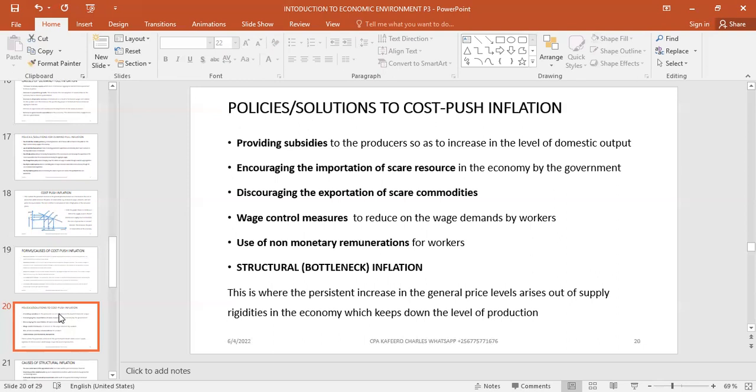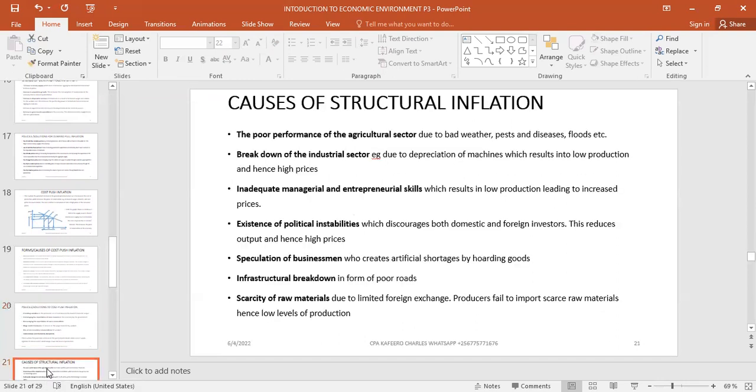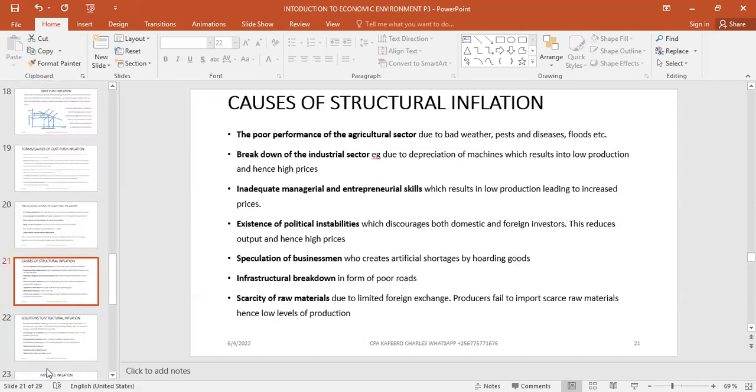If you have planted and harvested a certain item, and it is not enough to serve the population, then you don't blame anyone. It is because the yield did not come out, not because you wanted that to happen. That's what we mean by structural inflation.